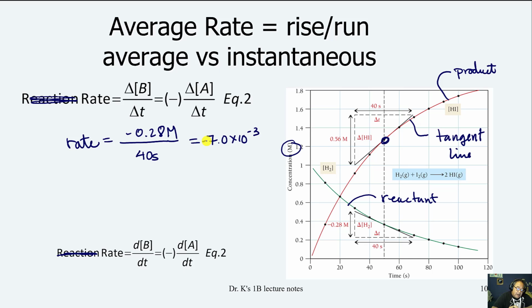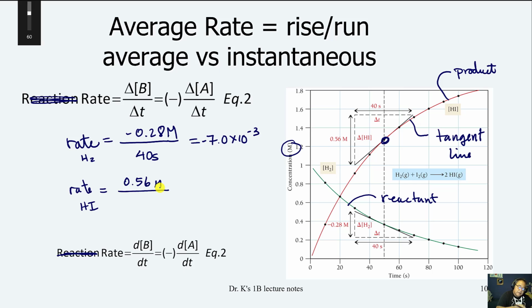Now, let's do the calculation for the HI, right? So this is the rate for H2. We're going to do the rate for HI. So that's going to be, again, measuring 0.56, and that's units of molarity.